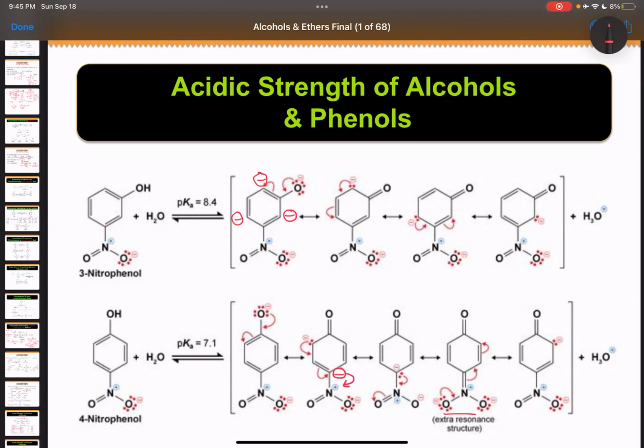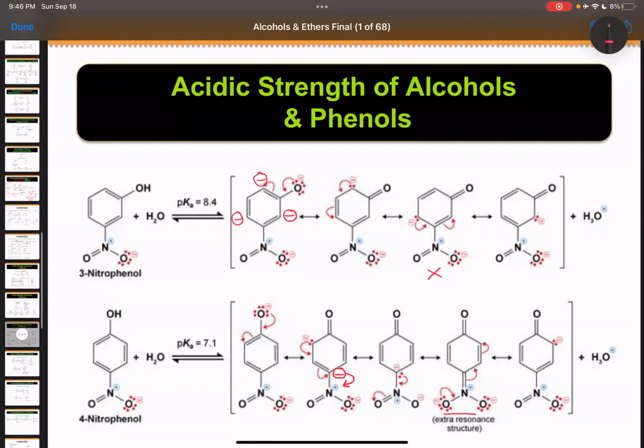But if the NO2 is at the meta position, then it will not help much because the minus charge is not passing from the meta position. So electron withdrawing groups like nitro at the ortho and para positions of the phenol will make it more acidic. Is it clear?